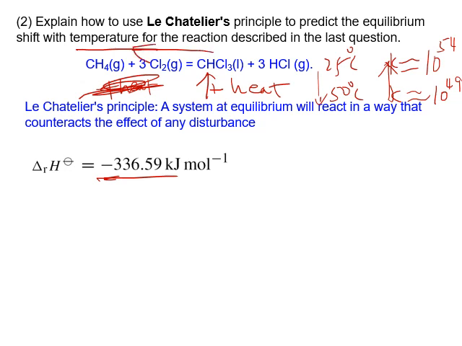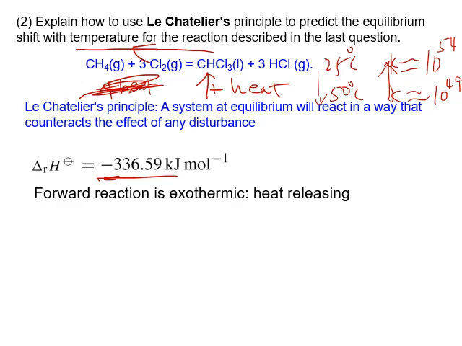It goes in the reverse reaction to decrease product, and that will decrease the equilibrium constant, because the reaction goes in reverse. Decrease K constant.